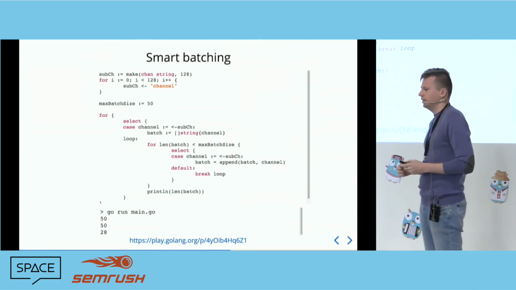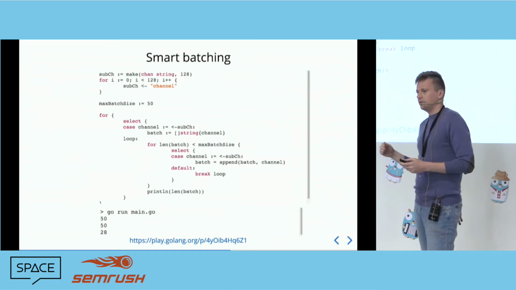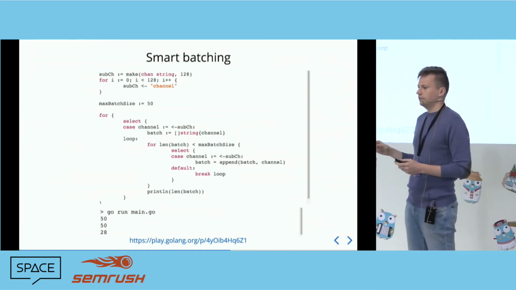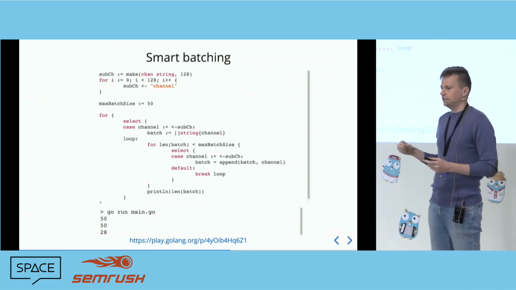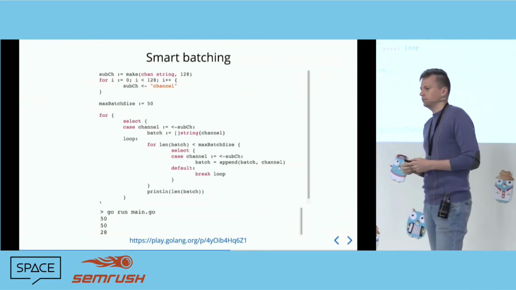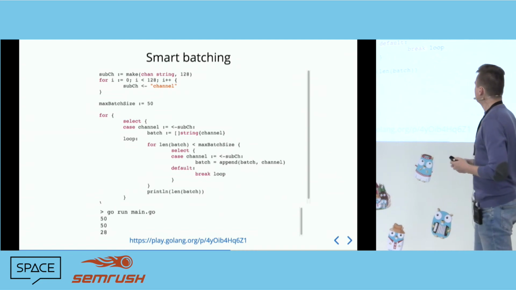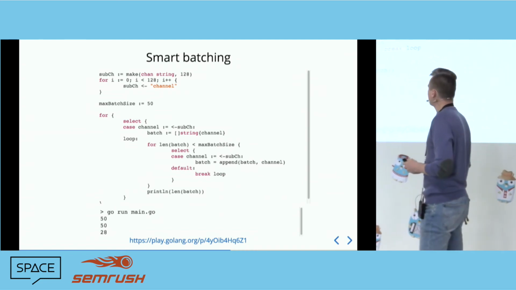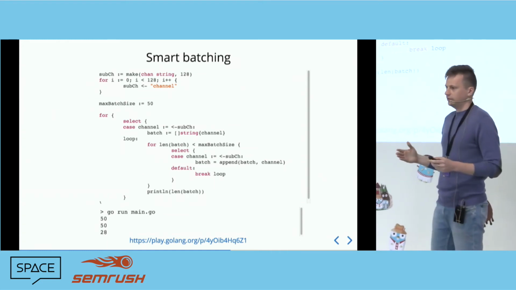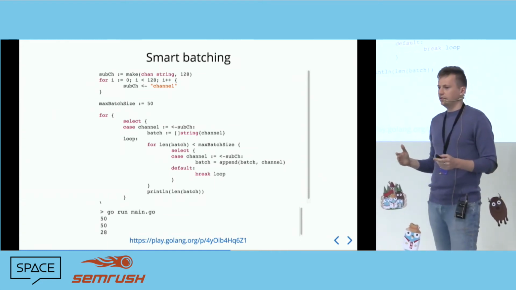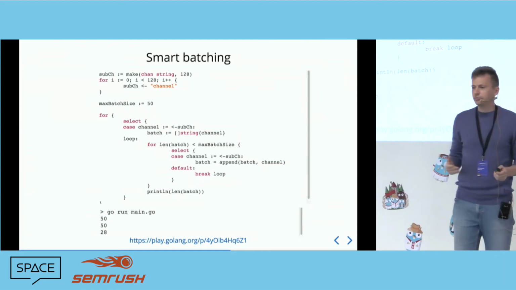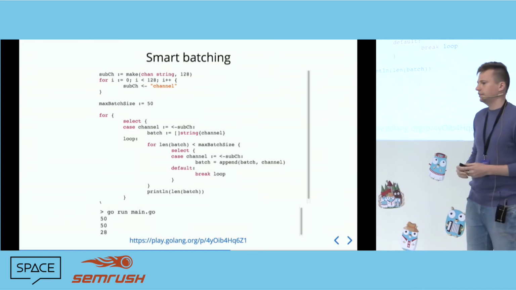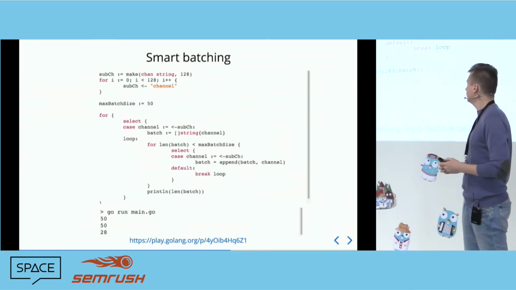So you are waiting for the first item coming from the channel, and then without timeouts and blocking involved, try to collect more items from the channel buffer, not more than your configured value. And then you get a batch of items and can process them. For example, make a Redis pipeline and send it to Redis in one write call.